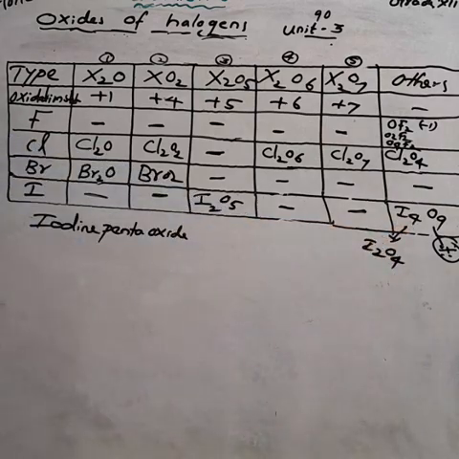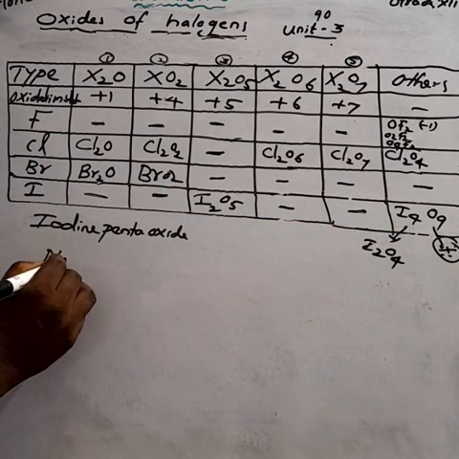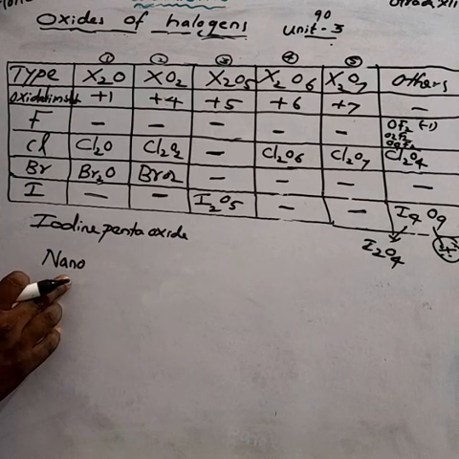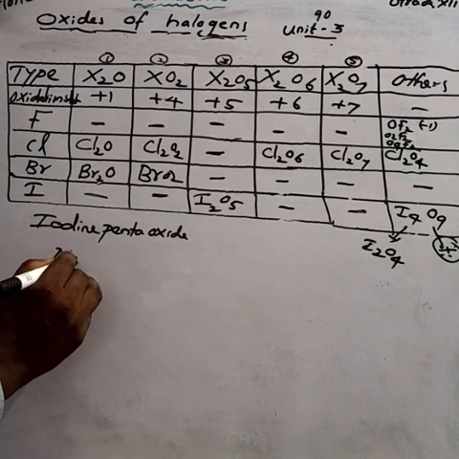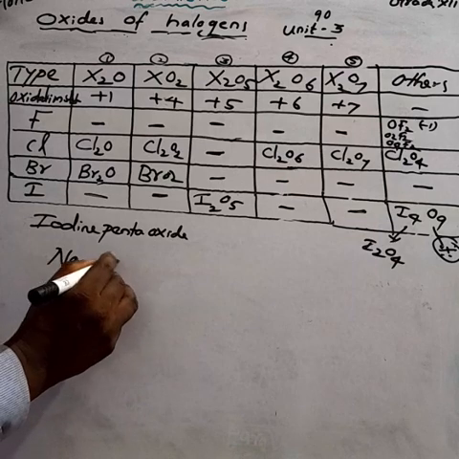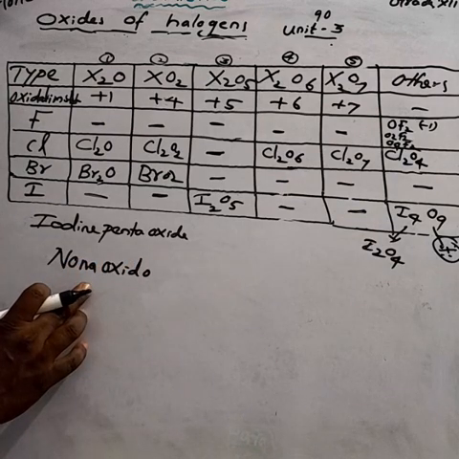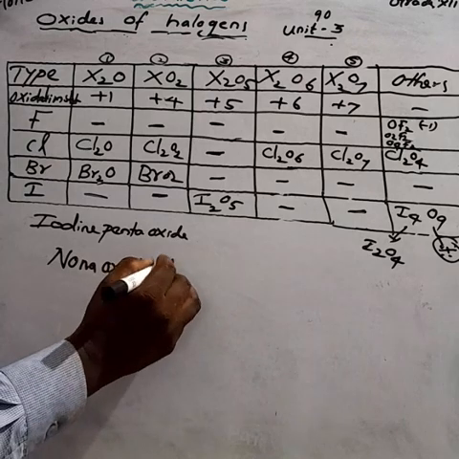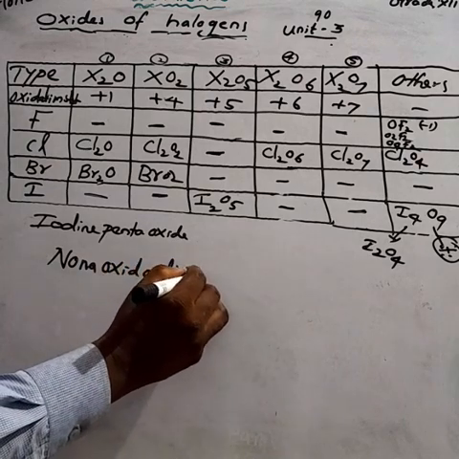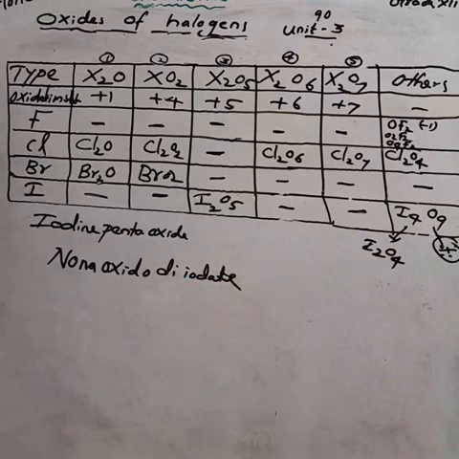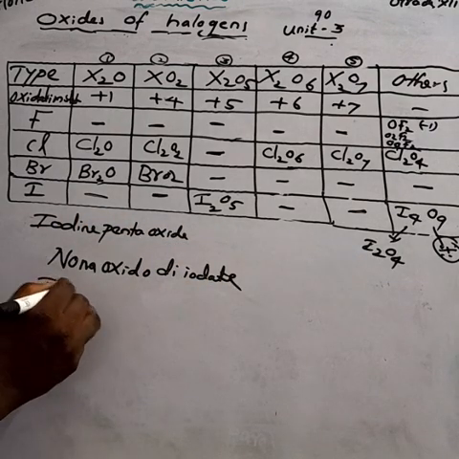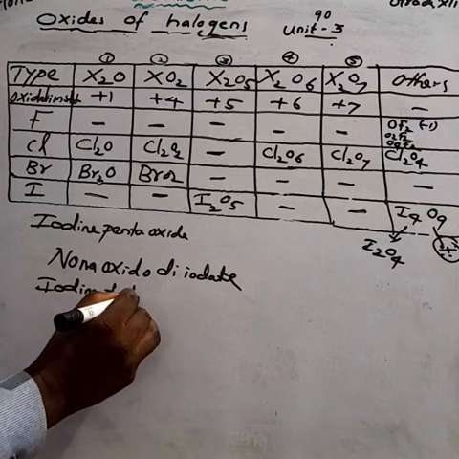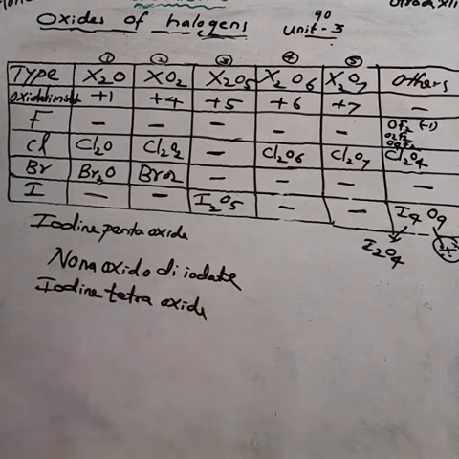Here 9 means nona. What is the name of the compound? Nonaoxido diiodate. Next compound, I2O4, iodine tetraoxide. Okay, please learn these questions.